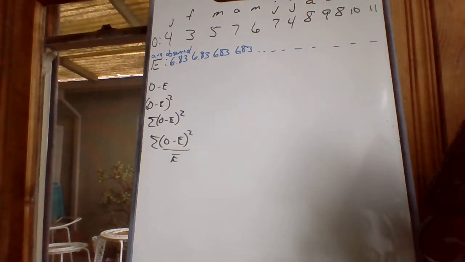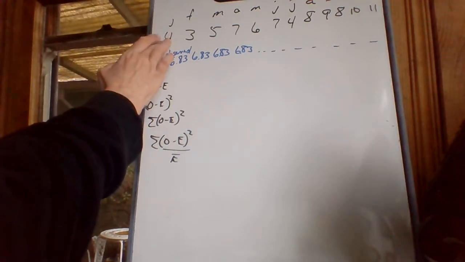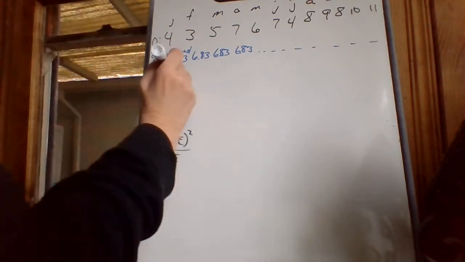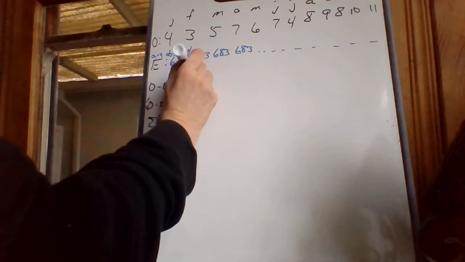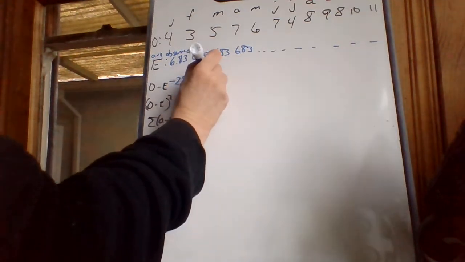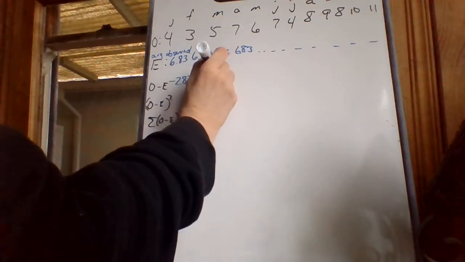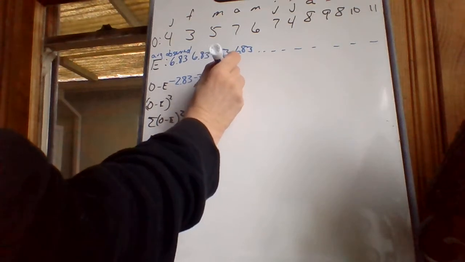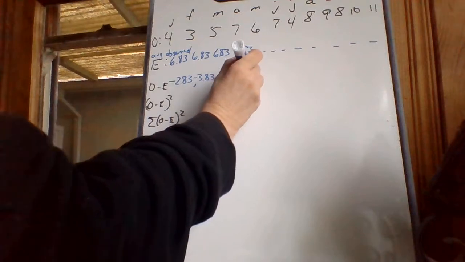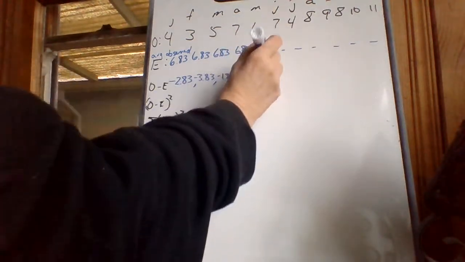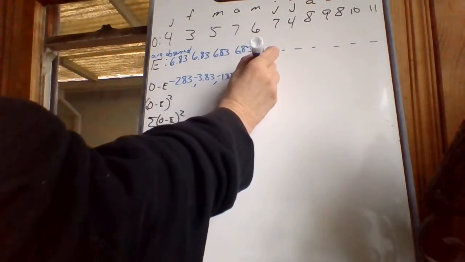All right, then I do observed minus expected. So 4 minus 6.83 is negative 2.83. 3 minus 6.83 is negative 3.83. 5 minus 6.83 is negative 1.83. 7 minus 6.83 is 0.17. 6 minus 6.83 is negative 0.83.